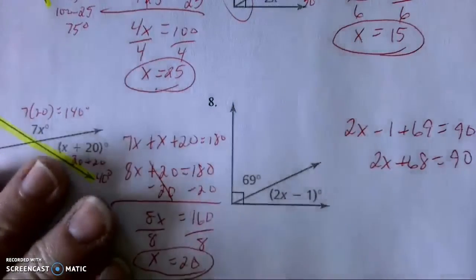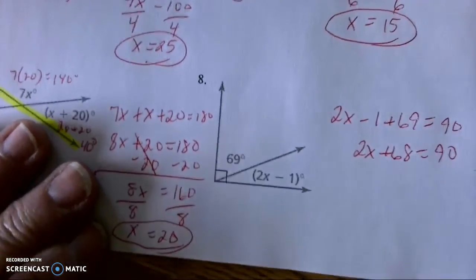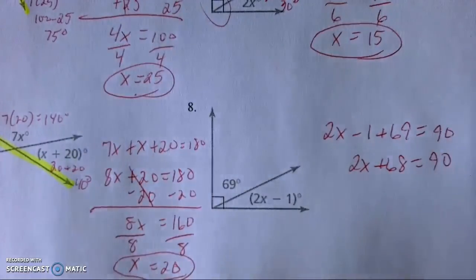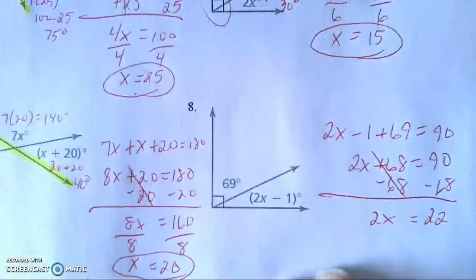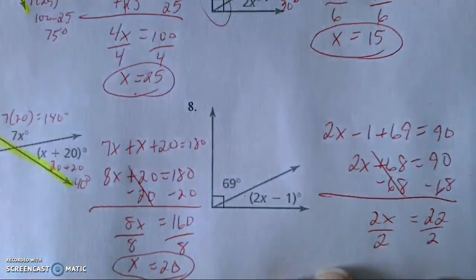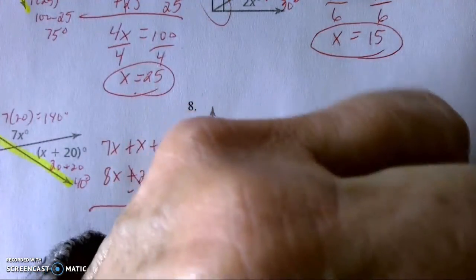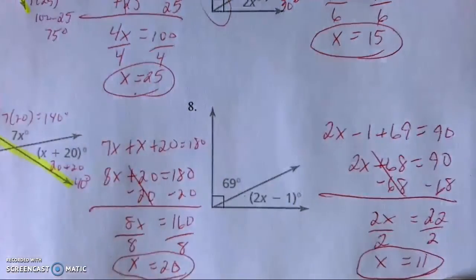So now there's my two-step equation. And now go through and solve. Subtract 68 from both sides. It's going to leave me with 2x equals 22. Divide both sides by 2. X equals 11.